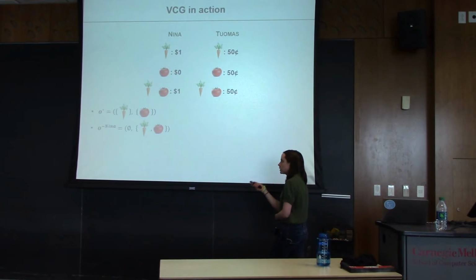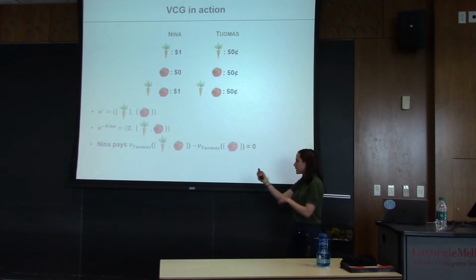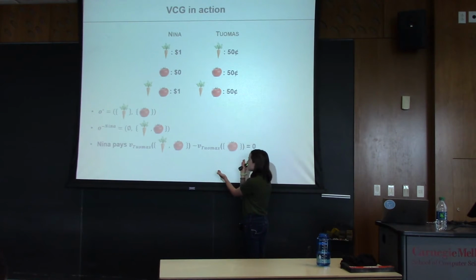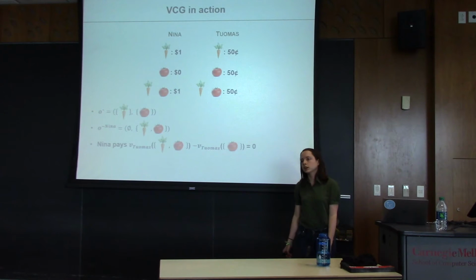He gets what is called the grand bundle. And Nina then pays how much Tuomas values his allocation without her in the auction, minus how much he values his allocation given her participation in the auction, which is $0.